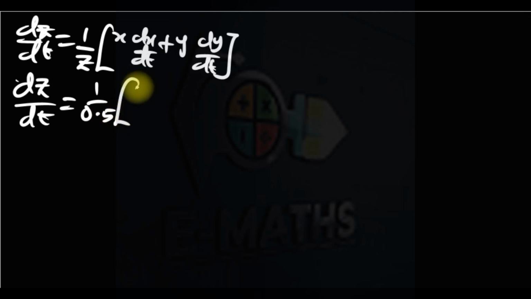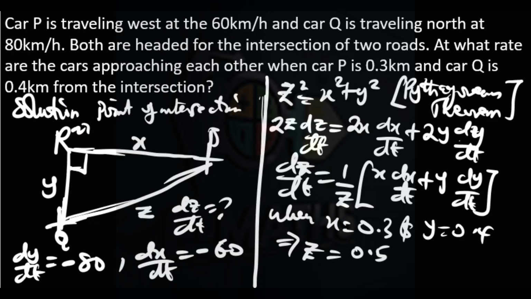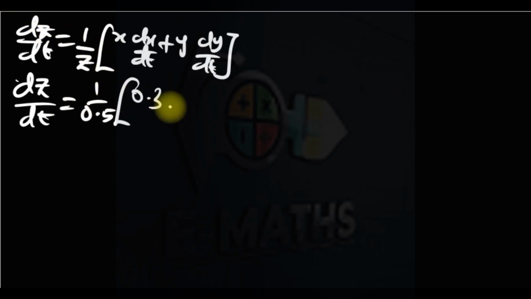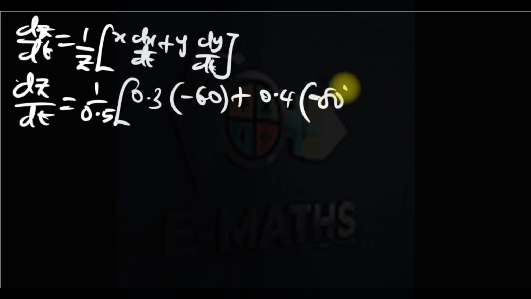So let's substitute. Therefore, dz over dt is now 1 over 0.5 times x, which is 0.3, times dx over dt, which is minus 60, plus y, which is 0.4, times minus 80.